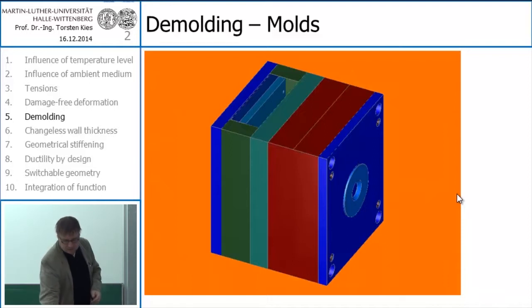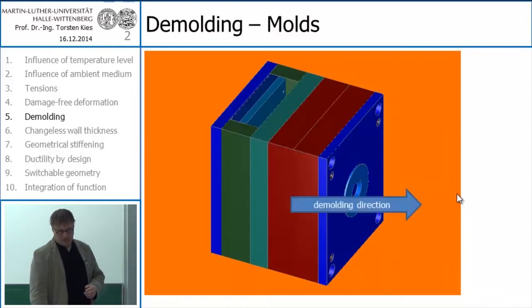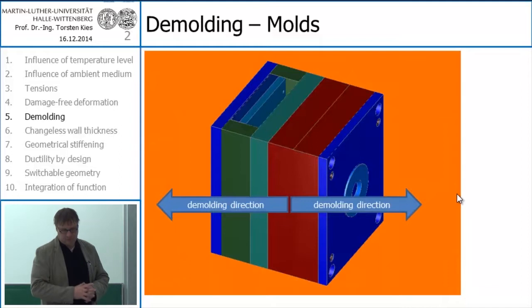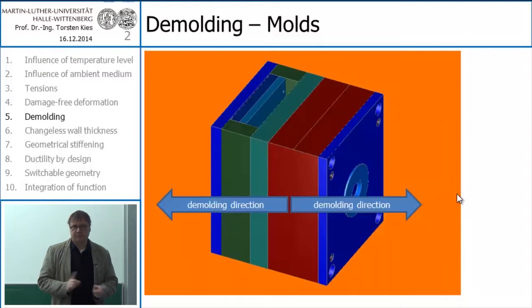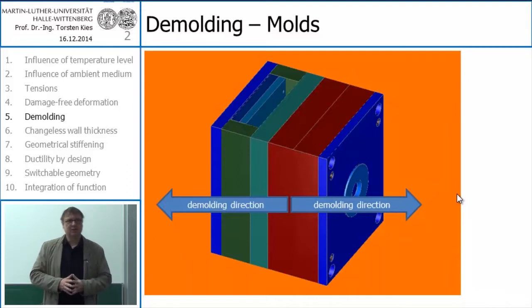The specialty of the mold is that we have a demolding direction. And that's the thing. There is the back view to the design. We must know where we are, or we must define a demolding direction. It's easy when we use CAD.